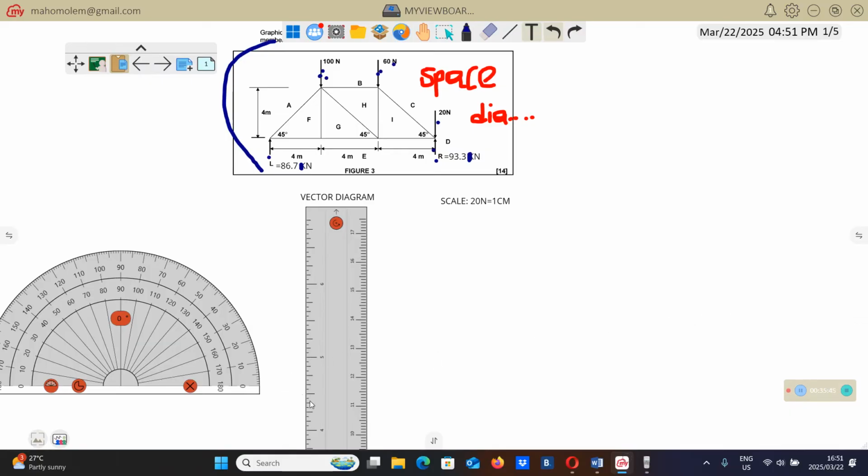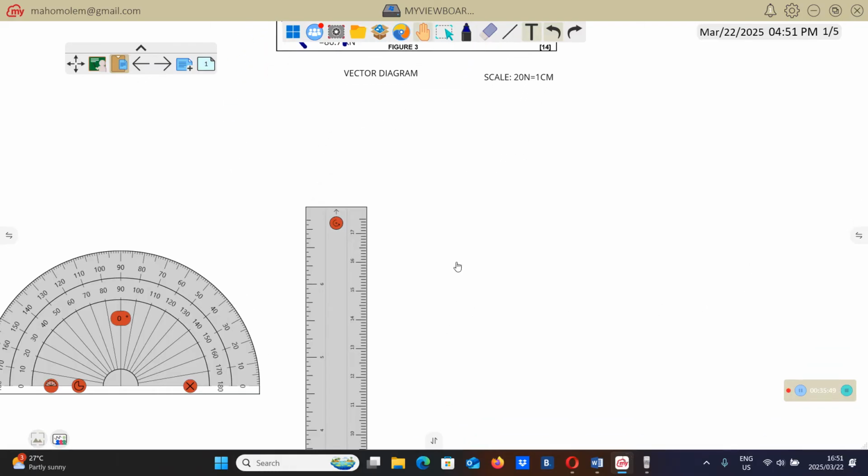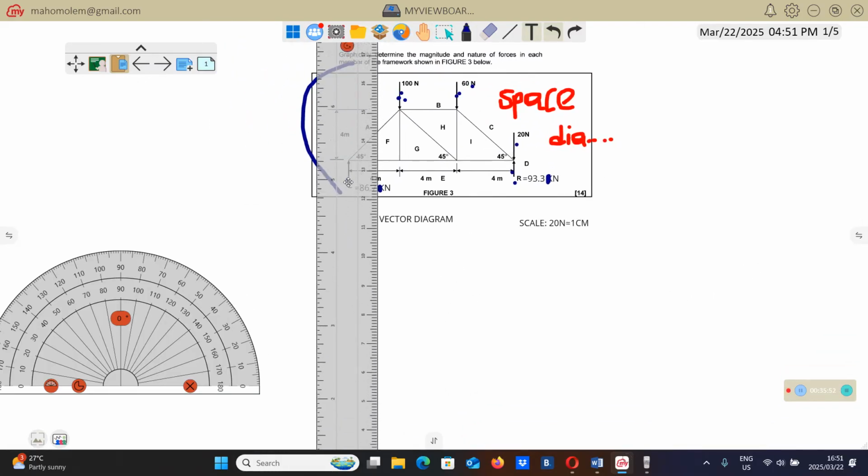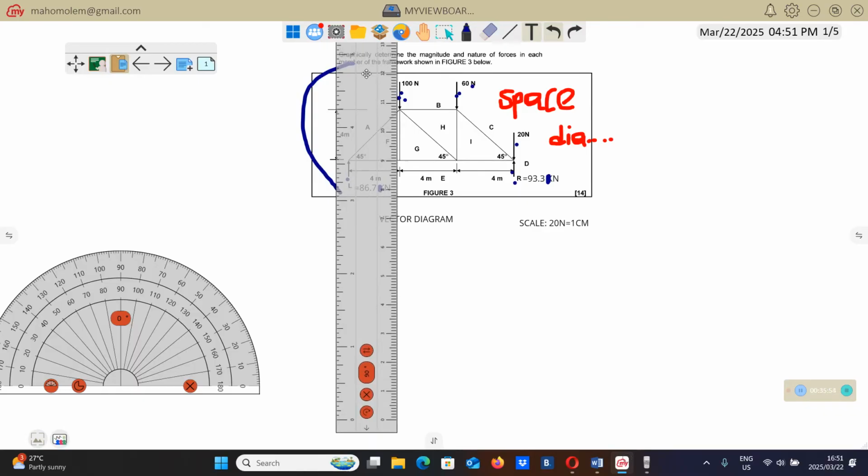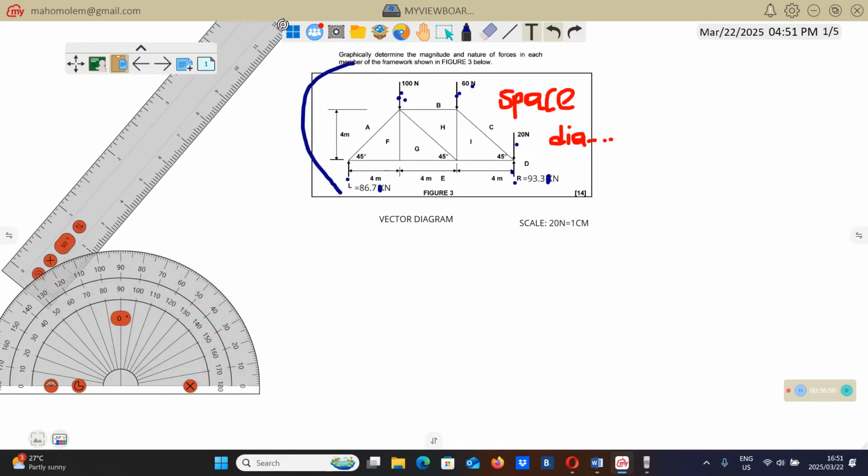Then if I use this scale, I want the zero to be at the top.